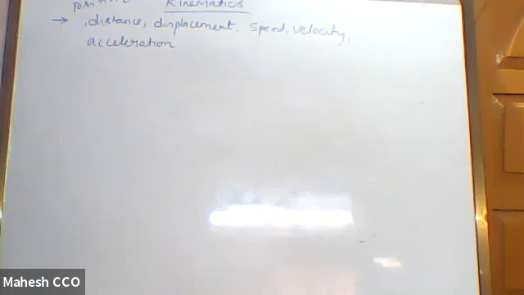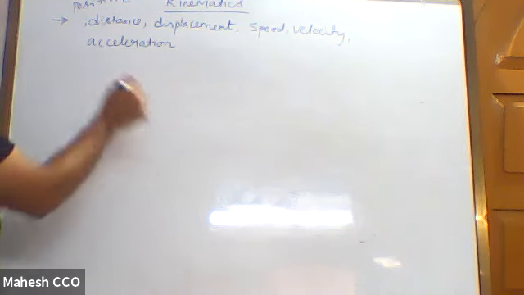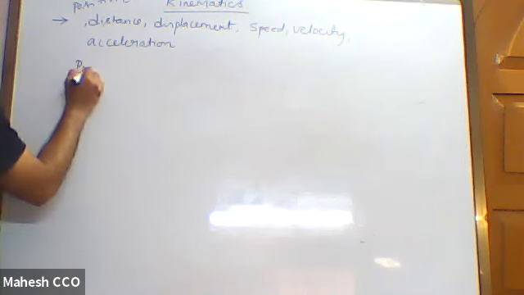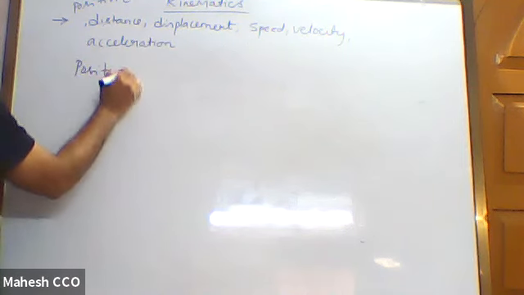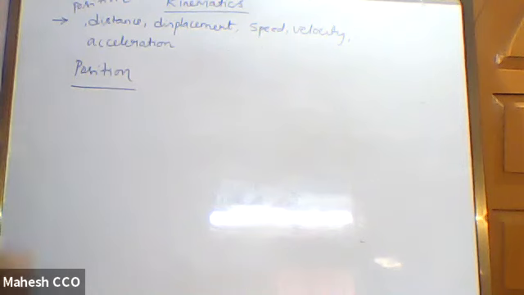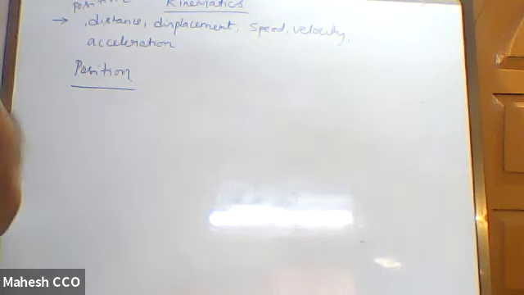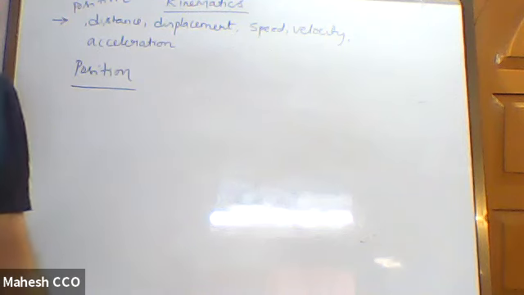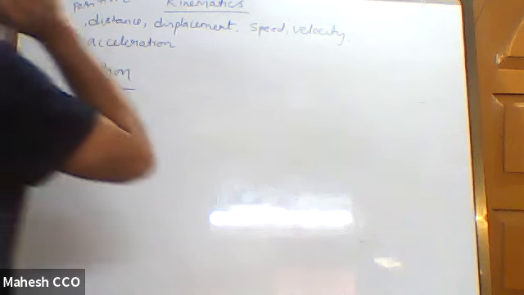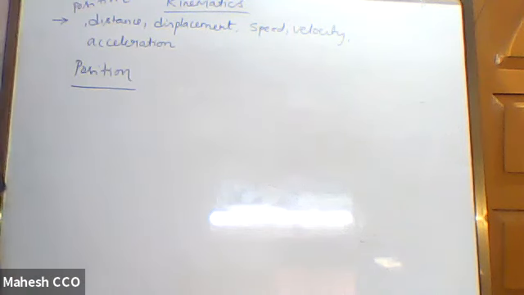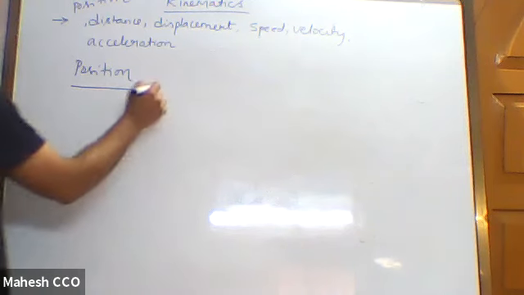position. So position vector, how do you define position vector? So position of an object which is moving in space, how do you define it? In order to define position, we require a reference.